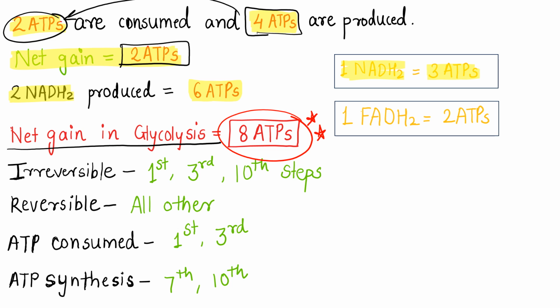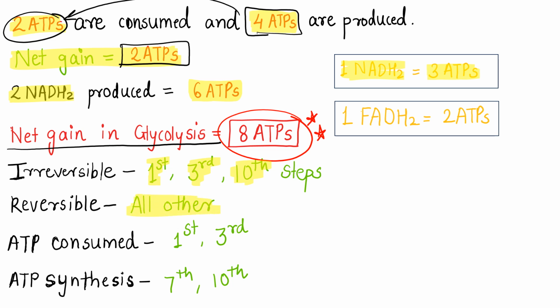Now, in glycolysis, some steps are irreversible and some are reversible. Here, the irreversible steps are first, third, and the 10th step. Reversible are all the rest of the steps, that is second, fourth, fifth, sixth, seventh, eighth, and ninth step.